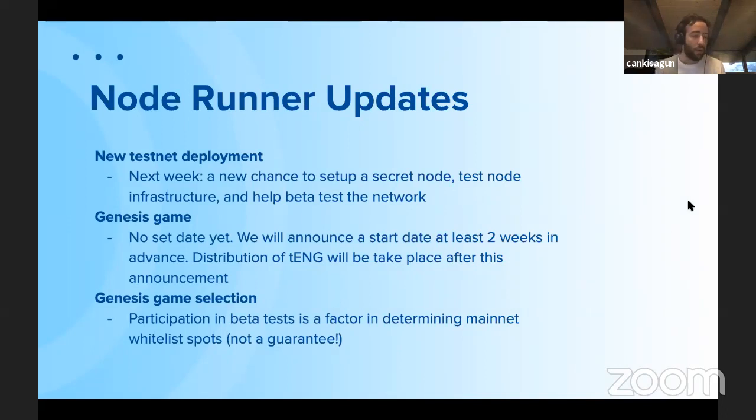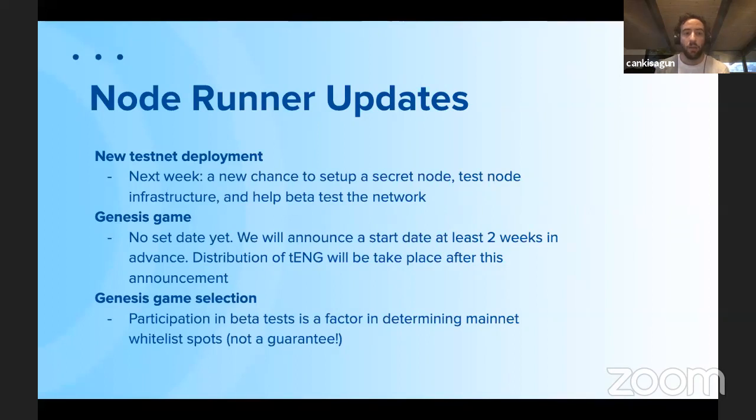And then finally, there have been some questions on our forum about the whitelist spots and how to choose them. As mentioned, we are choosing the top 30 workers by pure scoring, and then the other 20 are based on participation in the network.